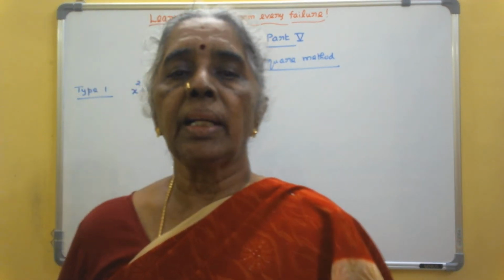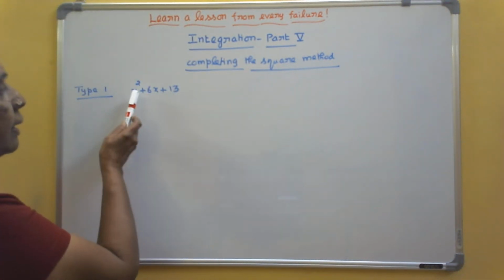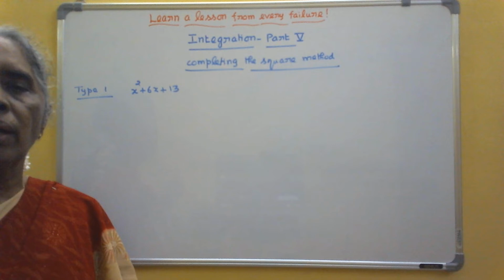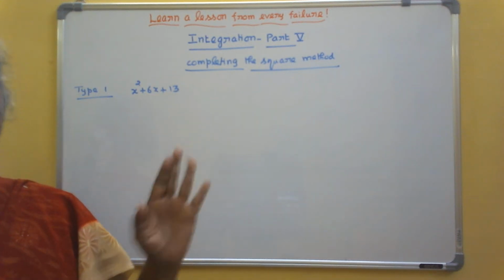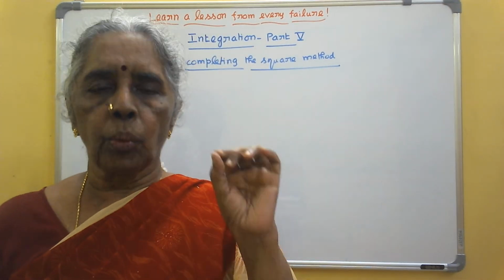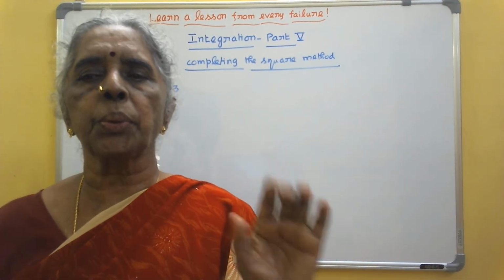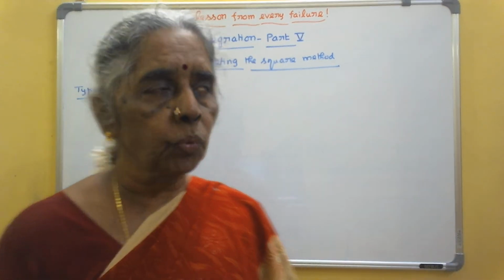First, let me tell you type 1, where the coefficient of x squared is plus 1. That is the easiest type, that I will teach you first.